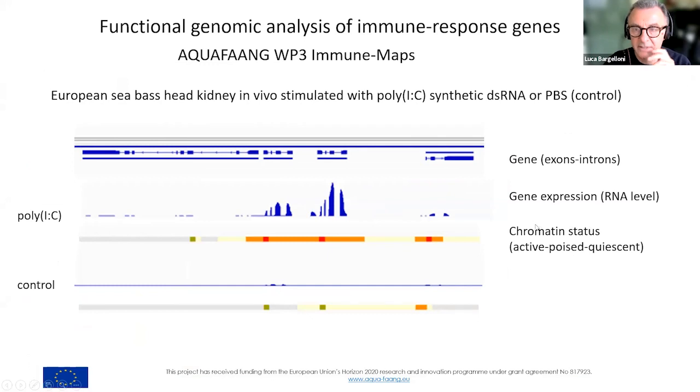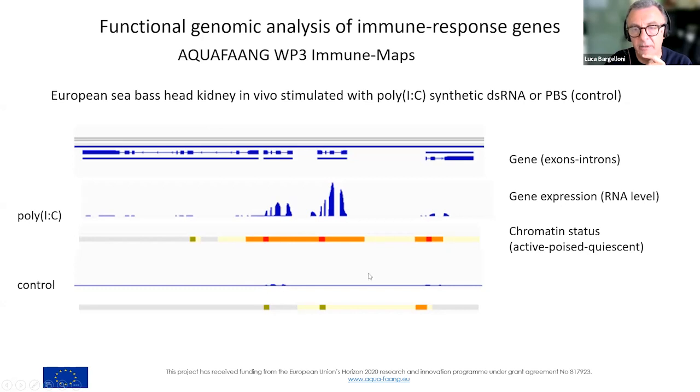So I was explaining that this is a specific region in the seabass genome where we have different genes which are expressed here at the RNA level, but not in all conditions. You see, when you stimulate with poly-IC, you have expression of this, and to a lesser extent this gene, but not of this. And with the PBS, the control buffer, you have almost no expression apart from this gene.